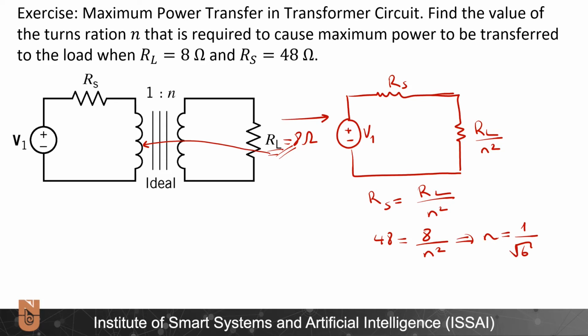So basically, I need to have this turns ratio, which is equal to N2 over N1, N2 being the number of windings in the secondary coil, and N1 being the number of windings in the primary coil, as 1 over square root of 6, such that we have the maximum power transfer to the load resistor. So this was quite simple.